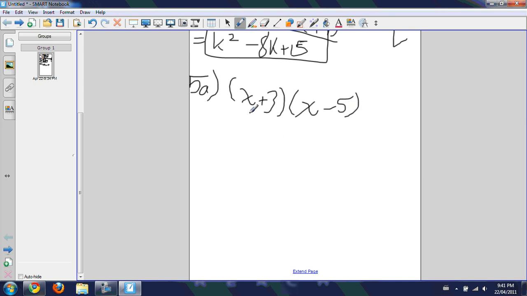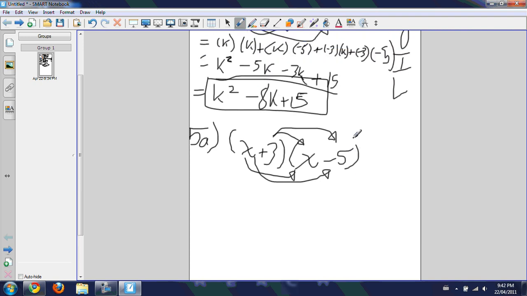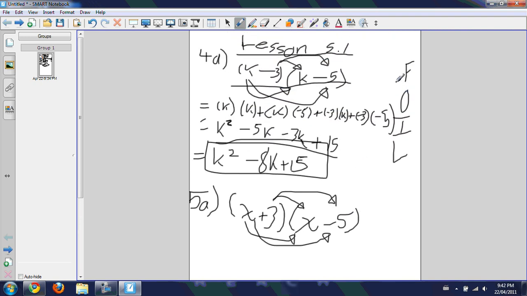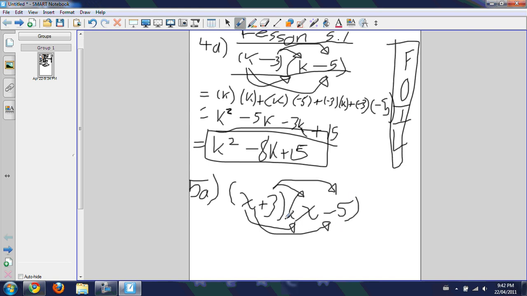So again, you would do that and that. And this and this. So it's basically telling you to FOIL this again. This is the main goal.